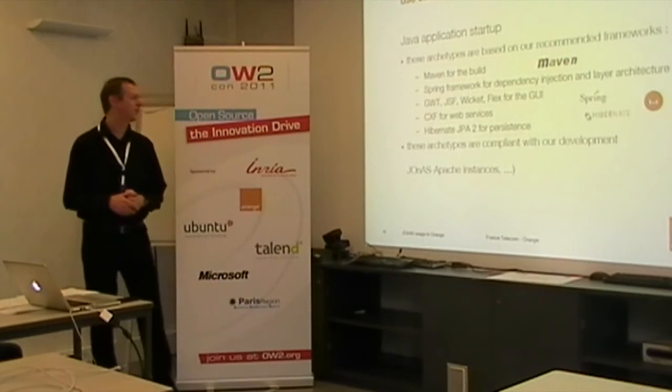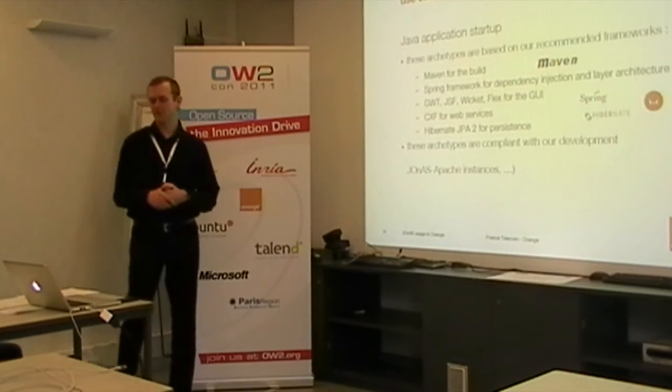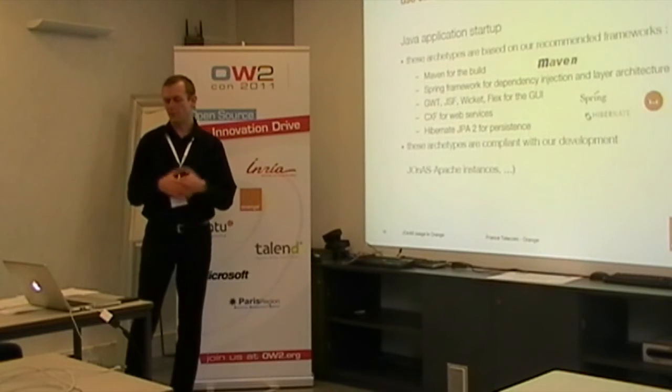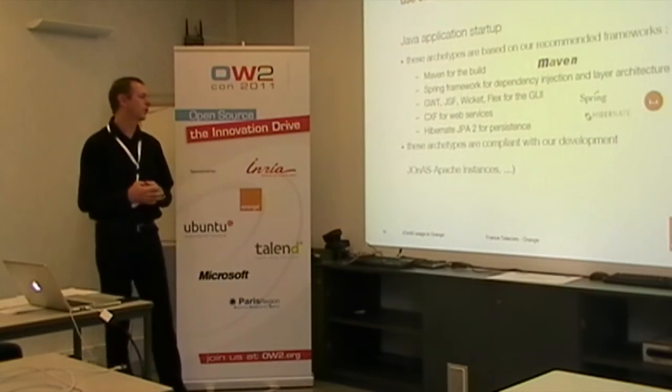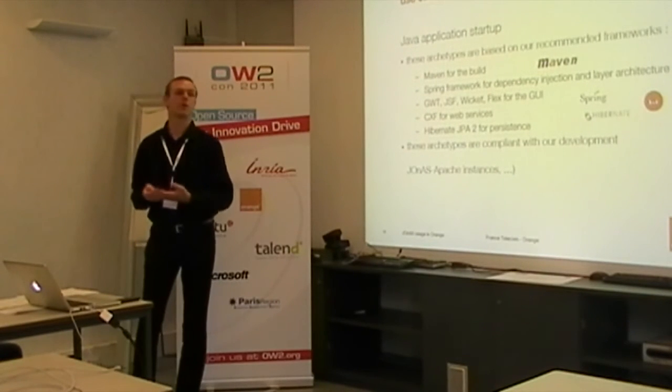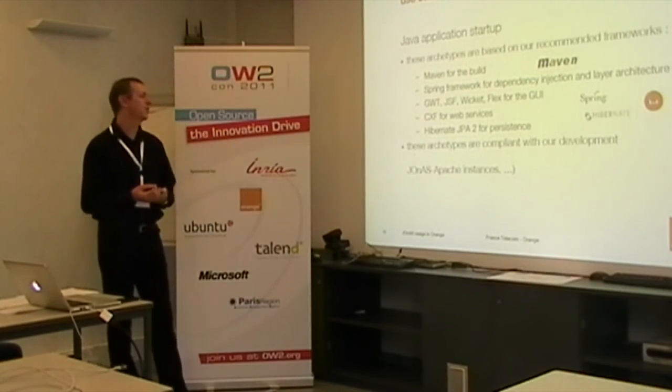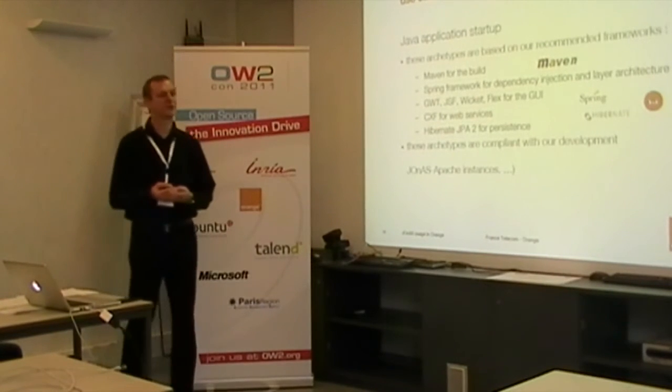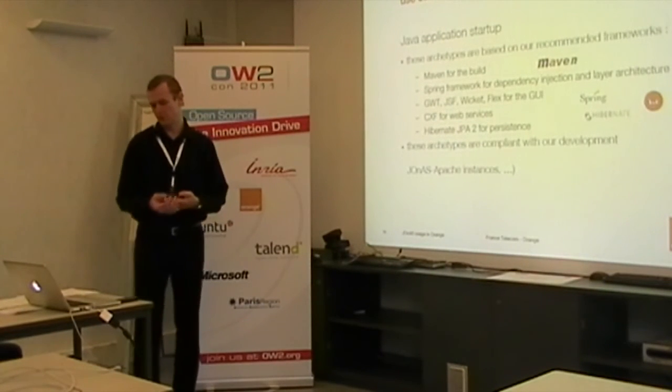So these archetypes are compliant with all of our infrastructure. So we use them for testing, for example, with Cliff. We use them with JOnAS Apache instances and so on.